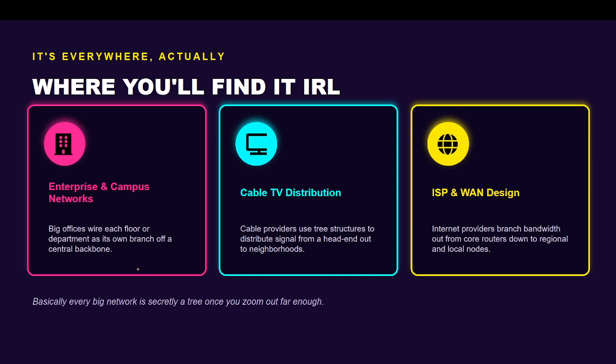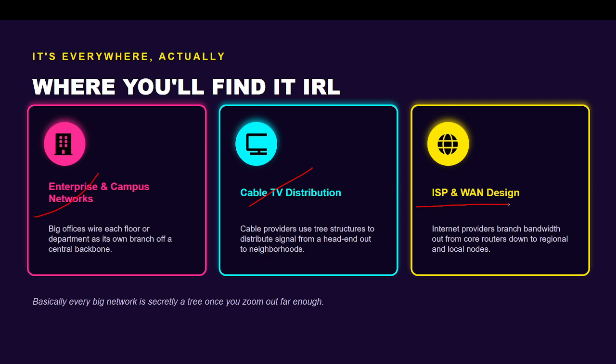Now the real-world uses. This isn't just a whiteboard diagram, it's everywhere once you know what to look for. Big offices where each floor or department has its own branch of a central backbone. Enterprises and campus networks. Cable TV distribution: cable TV providers distribute signal from a headend out to entire neighborhoods using this exact structure.